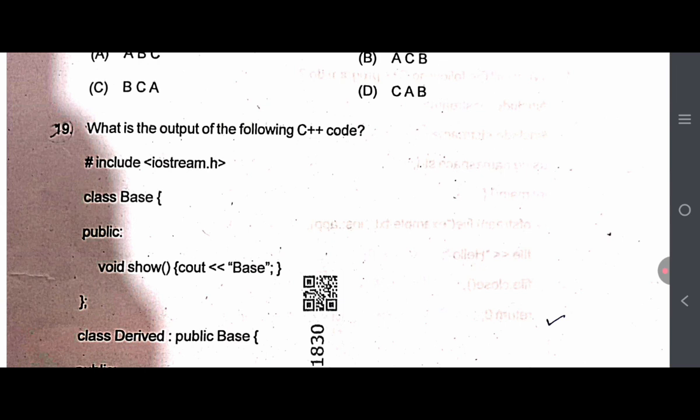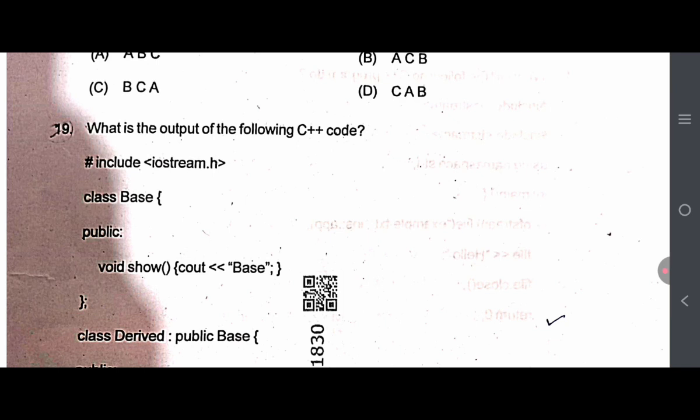In the main function, a pointer b of type base is created and made to point to a dynamically allocated object of type derived. The line b->show is executed. Since show is declared as virtual in the base class, the C++ runtime will use dynamic polymorphism to determine which version of show to call.